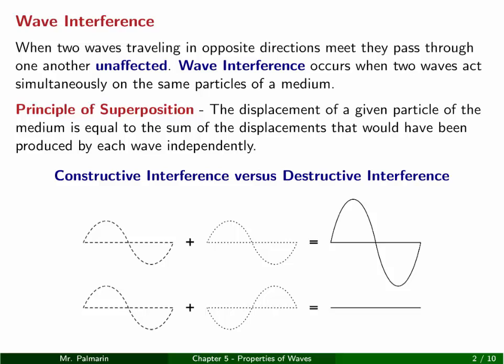So now let's talk about interference. What happens when you send two waves at each other? This is important for a slew of applications, including noise canceling devices such as headphones or microphones, sending radio waves to your car or to different devices, including Bluetooth.